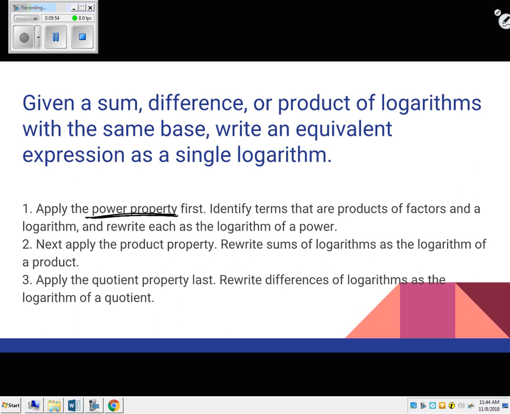Any number that I see in front of my logarithm is going back up to the exponent. Okay. Product property comes next. And then what I did first a while ago, my quotient property, I'm not doing that until the end. So I am just working this problem exactly backwards.